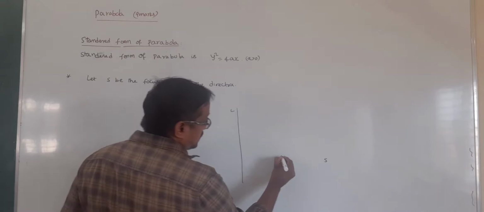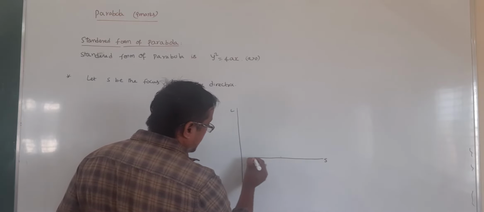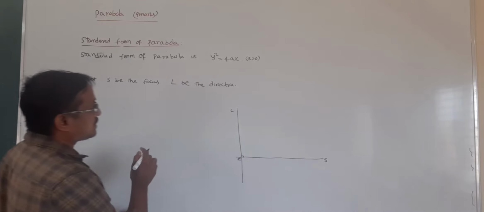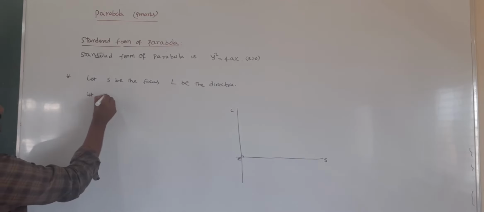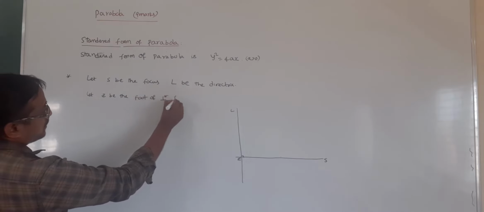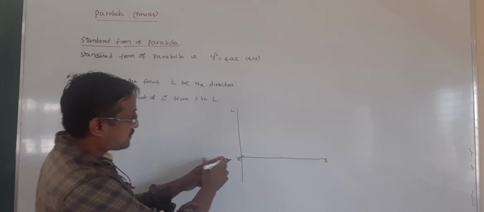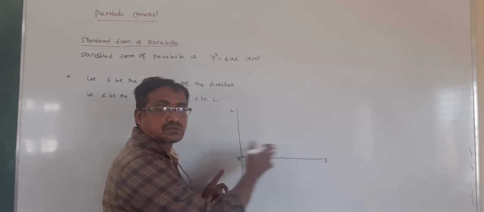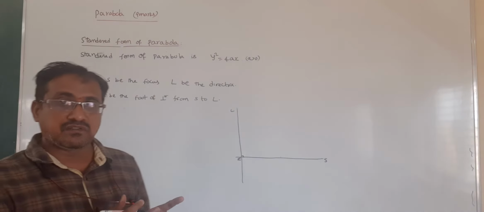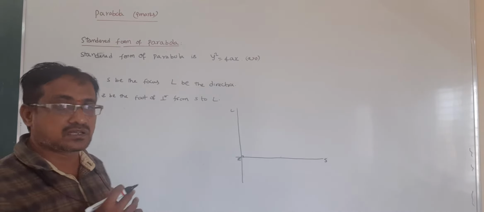Let Z be the foot of perpendicular from S to L. Now this is the foot of perpendicular from the focus to the directrix. The point which is equidistant from focus and directrix lies on the parabola.